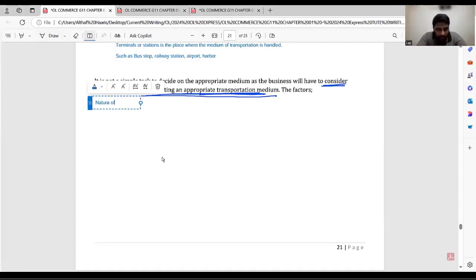Nature of goods. So under that, write down for the nature of goods.